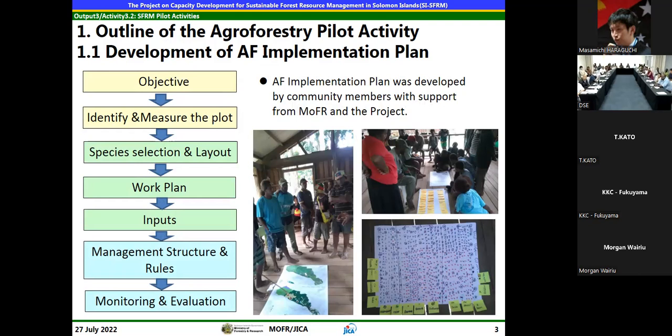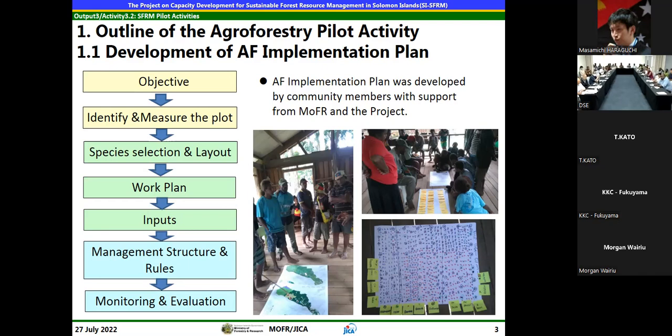The development of the AF implementation plan and the implementation of agro pilot activities include, first, the community members developing their implementation plans by themselves with the support of the Ministry of Forestry and the JICA project. And we have our agroforestry expert there, Dr. Yamauchi.